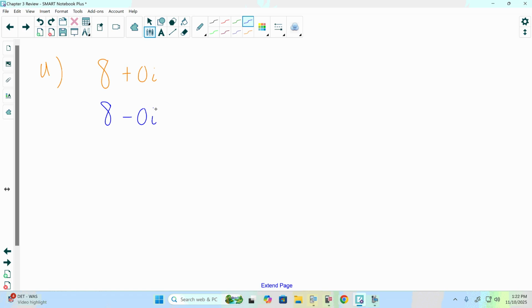Now, 8 does not have an i with it. So really, we could consider it the same as 8 plus 0i, whose complex conjugate would be 8 minus 0i. And if we multiplied it together, we're just multiplying 8 times 8, which is 64. But that is the entire review sheet.